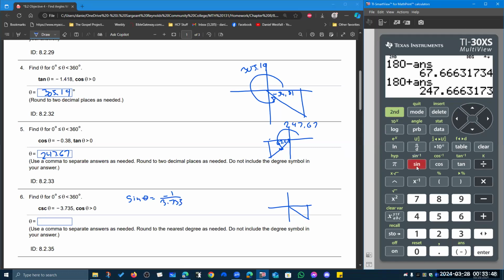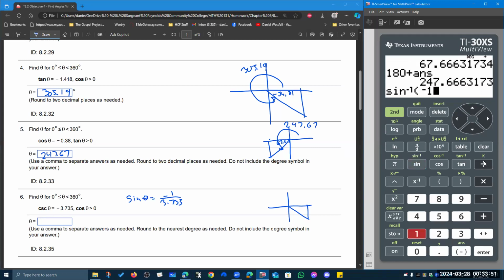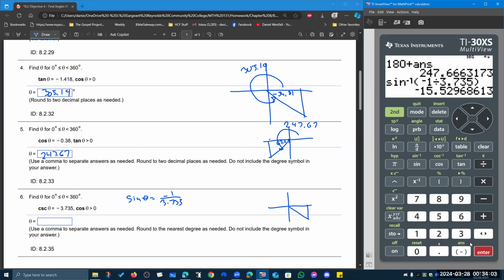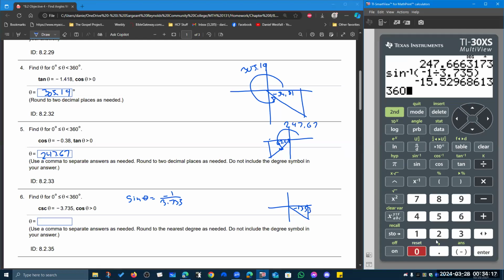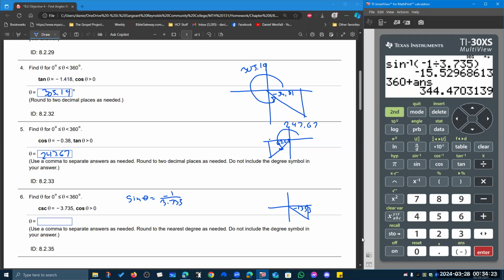So arc sine of negative 1 over 3.735 gives me negative 15.53. So 360 plus that gives me 344.47.